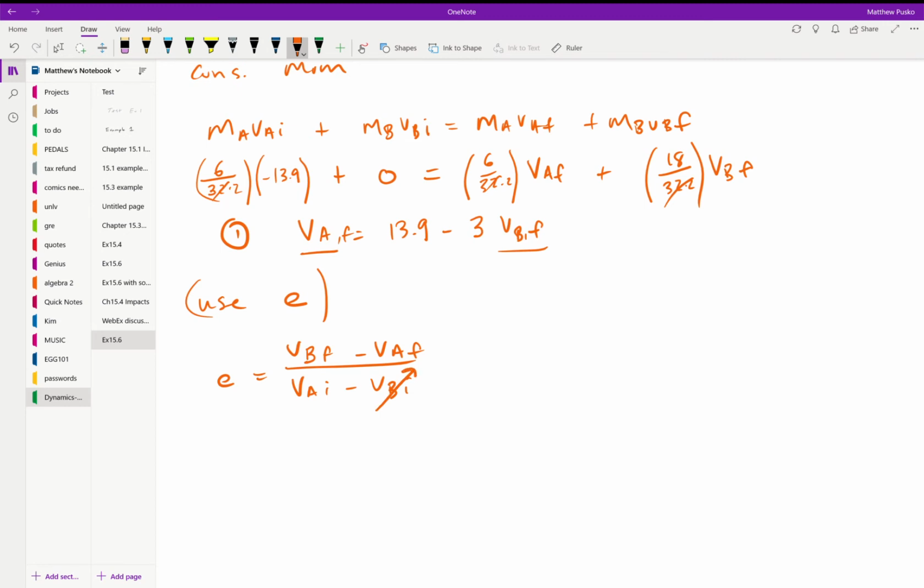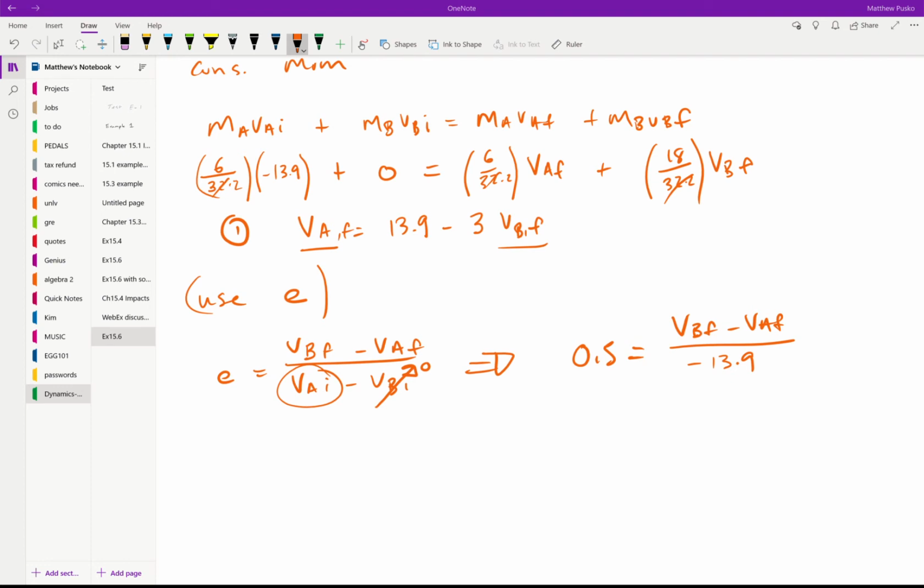The big block on the ground is not moving, so we can cross it out. We know the speed of A before the impact, so we can put a value in there. And I get 0.5 is equal to the velocity of B final minus the velocity of A final, all divided by that negative 13.9.